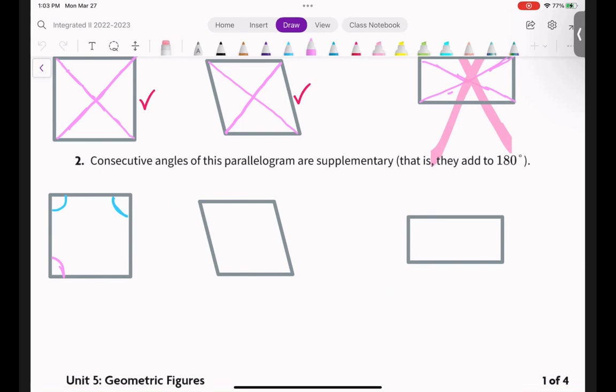Yeah, very good. So someone said, when I think about 180, I think about a straight line. Very good. So which ones are these? So square, rhombus, or rectangle? What do you guys think? Which ones of these have consecutive angles that add up to 180?